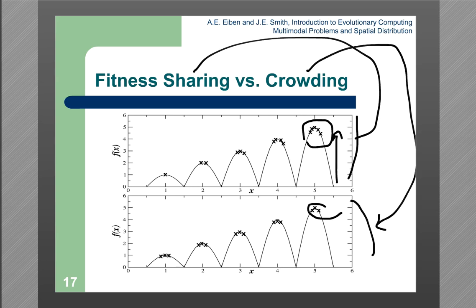In crowding, we don't know about the problem, so we have the same number of population in some local maximum. Crowding is used when we do not know about the problem, but sharing is faster than crowding, and we use sharing when we know about the problem.